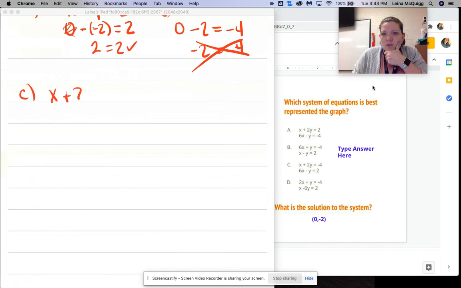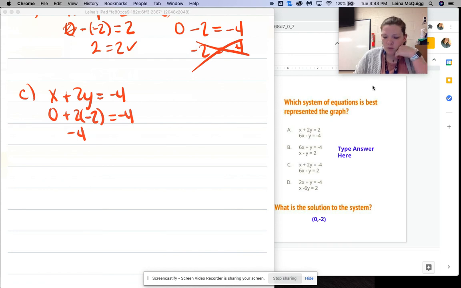We have x plus 2y equals negative 4. So 0 plus 2 times negative 2 is negative 4. So negative 4 equals negative 4. That worked out. Let's try the second equation. 6x minus y equals 2.